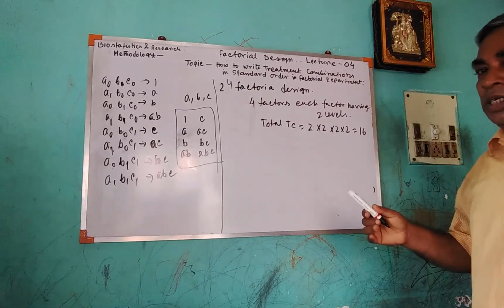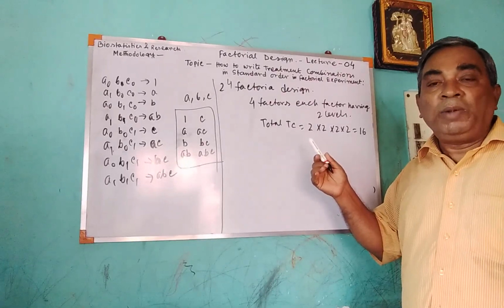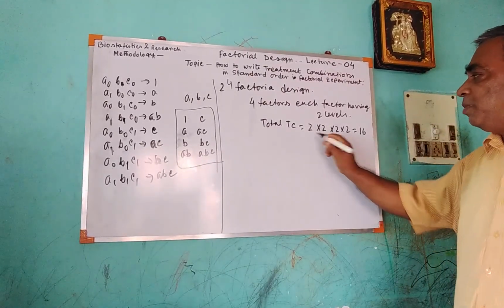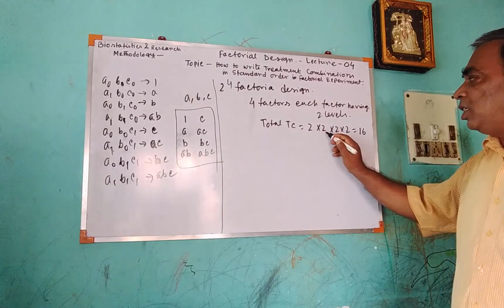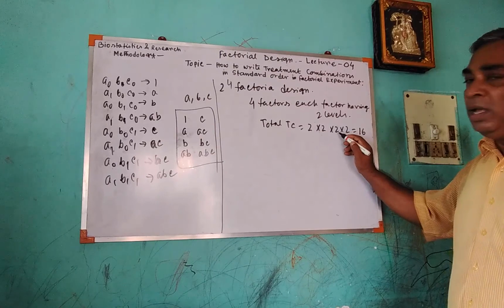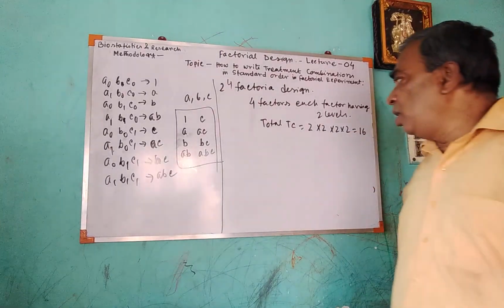Total treatment combinations, how to get? Multiplying the levels of each factor with each other. First factor having 2 levels, second 2 levels, third 2 levels, fourth 2 levels. So 16 treatment combinations. Now how to write?